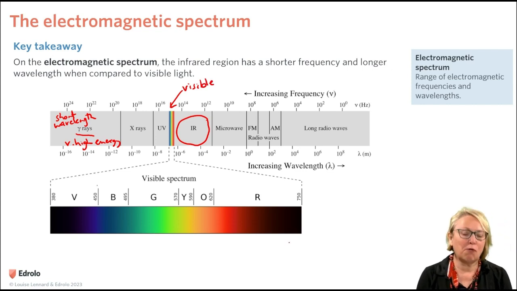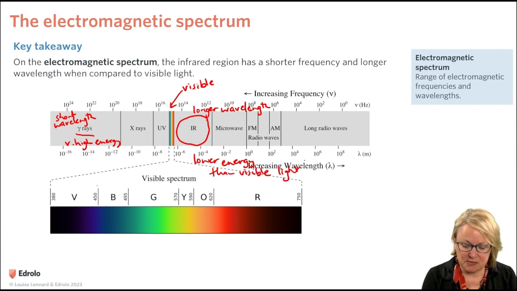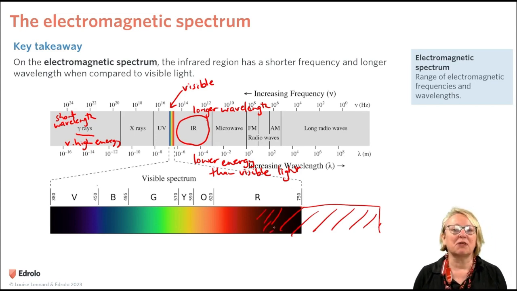So here you can see the ROYGBIV visible spectrum. Infrared radiation has a longer wavelength but lower energy than visible light.